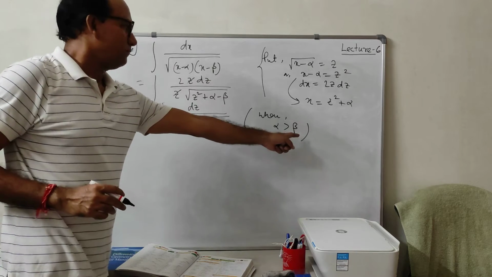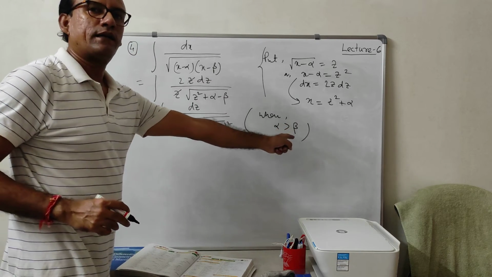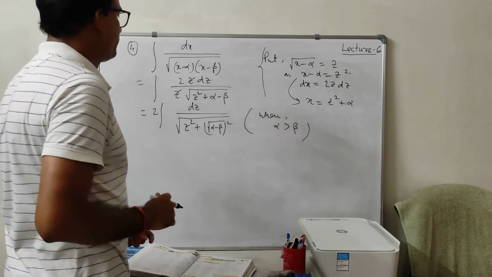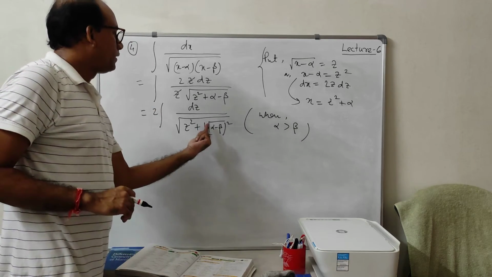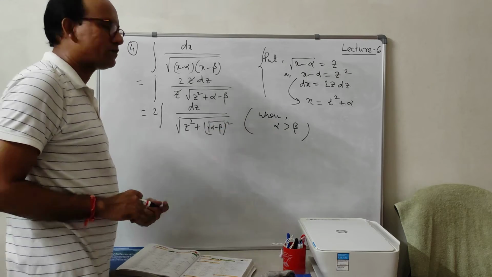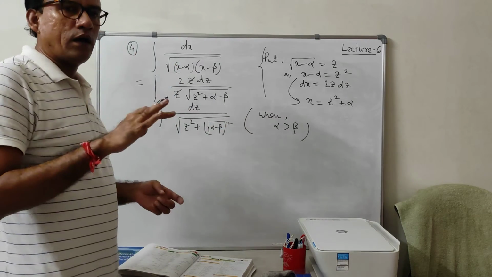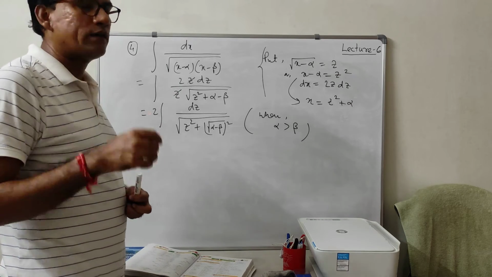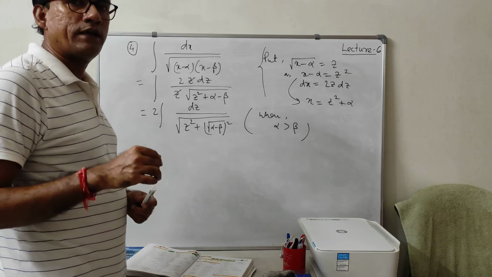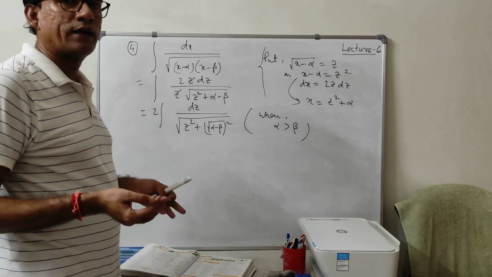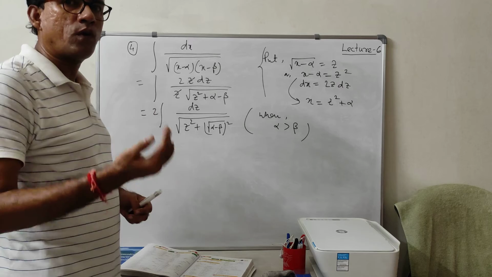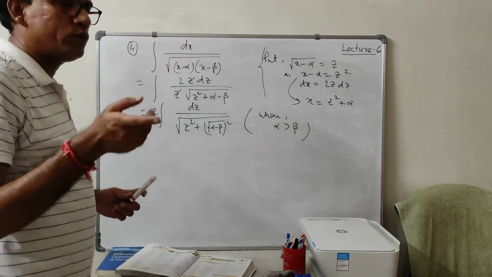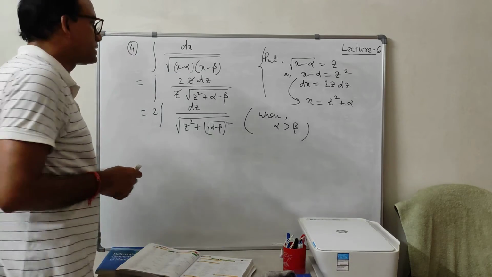Because only if alpha is greater than beta is alpha minus beta positive, and only then you can take the square root of alpha minus beta. You cannot take the square root of any negative number, because I told you in lecture 5 that we are not doing here the calculus of complex quantities. All that we do in higher mathematics, complex analysis.